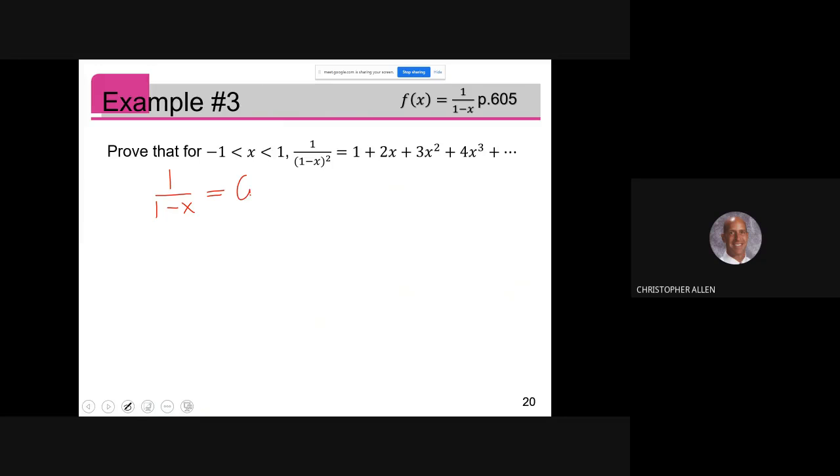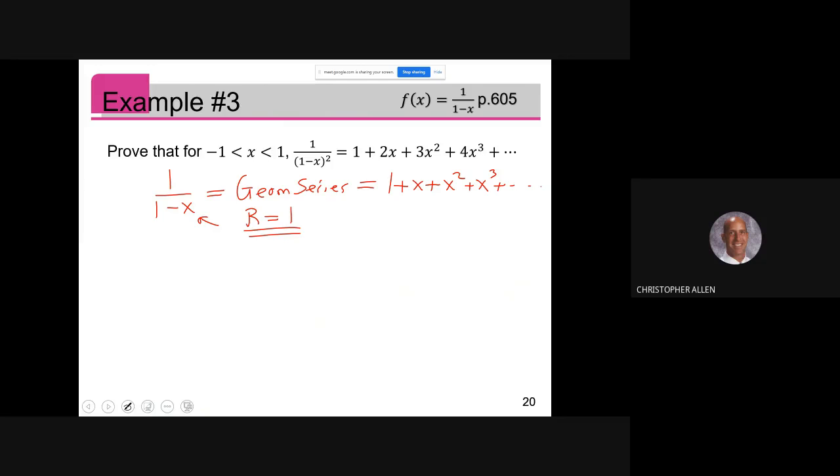This was the geometric series. I mentioned that earlier. This particular geometric series is equivalent to 1 plus x plus x squared plus x to the third plus and so on. Okay, we looked at this before, right? I'm going to tell you that the radius of convergence there is 1.